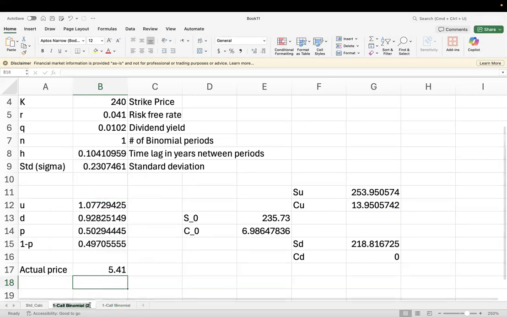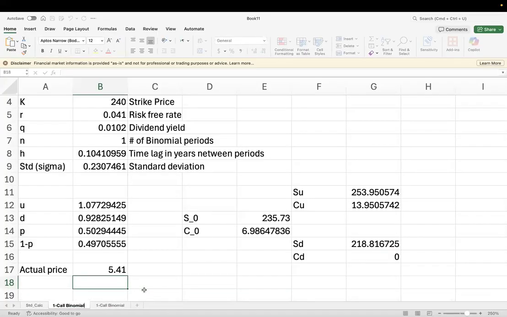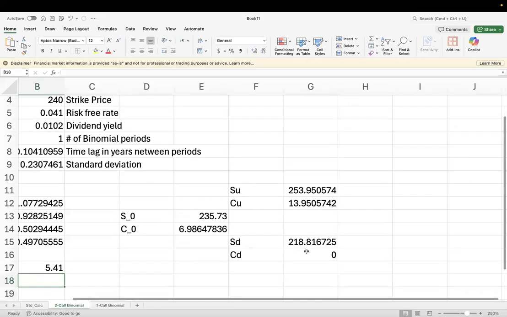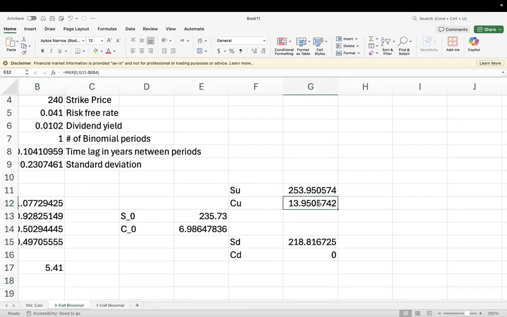Okay. I'm going to call this maybe two-period call option binomial. And then what I want to do is this.